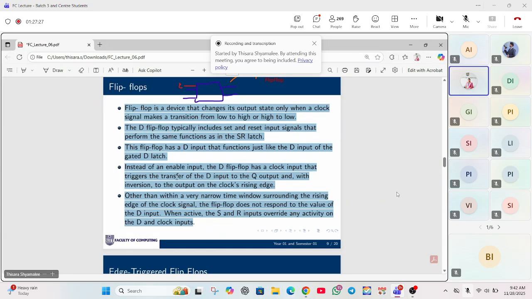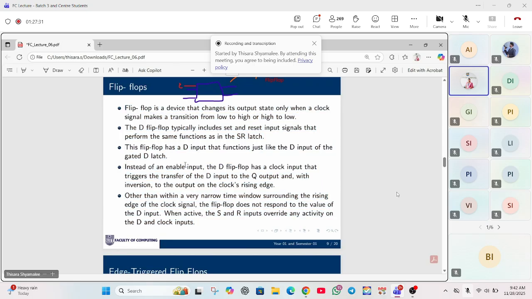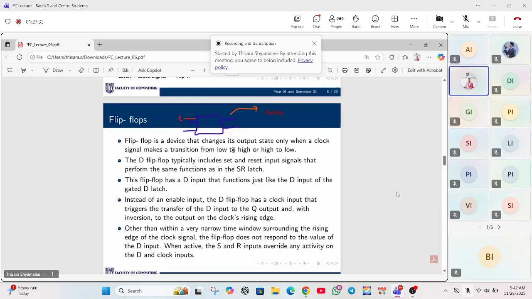But in summary, if you add the clock signal to any latch, then it becomes a flip-flop. D latch plus clock signal gives D flip-flop. SR latch plus clock signal becomes the SR flip-flop, likewise.